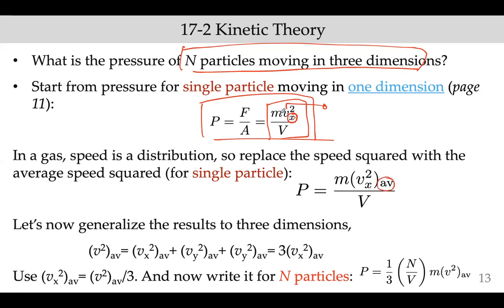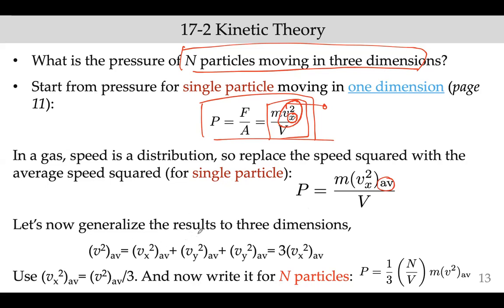Because I do not know the speed of each particle, and it's really hard to deal with, I can just use the average value of the speed squared. So still a single particle, 1 dimension, but now I replaced this variable with the average.